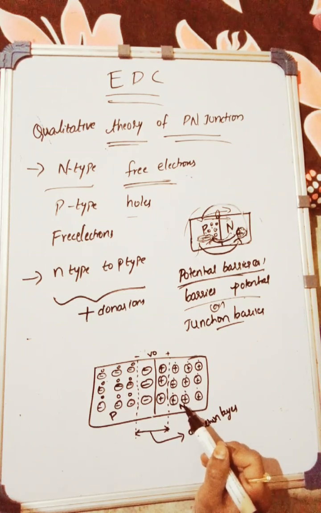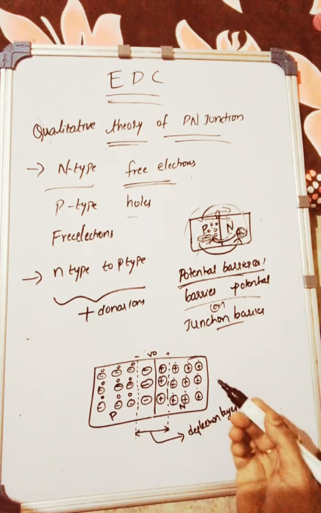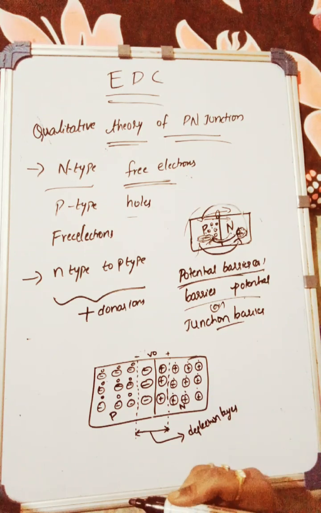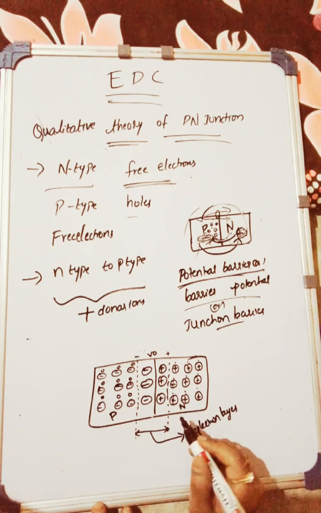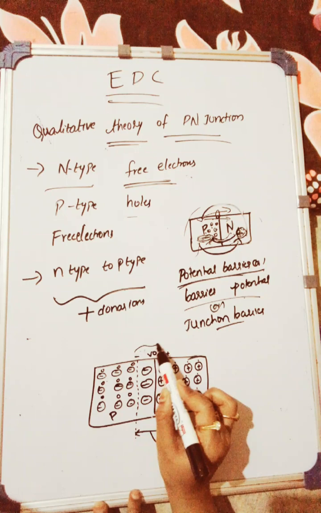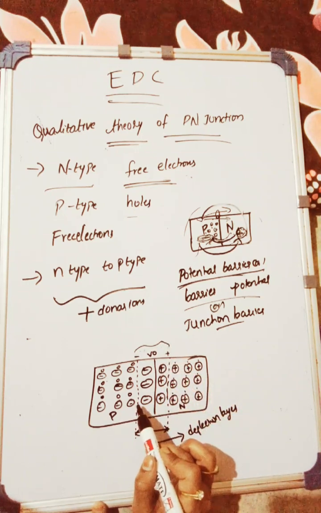This is based upon the positive donor ions as well as negative acceptor ions. Here the barrier potential indicates the amount of voltage. Some kind of voltage will be formed in this depletion layer, isn't it?